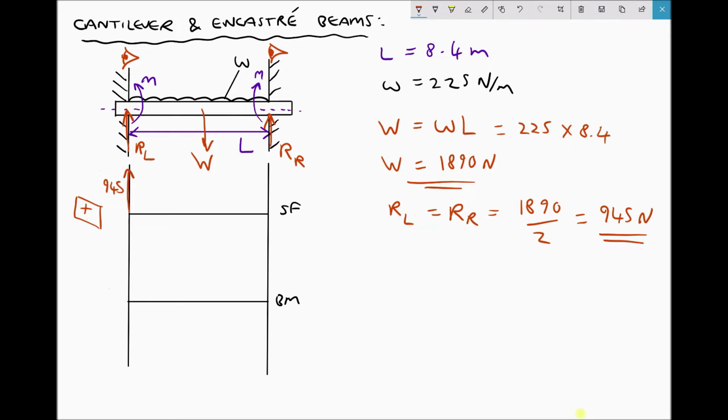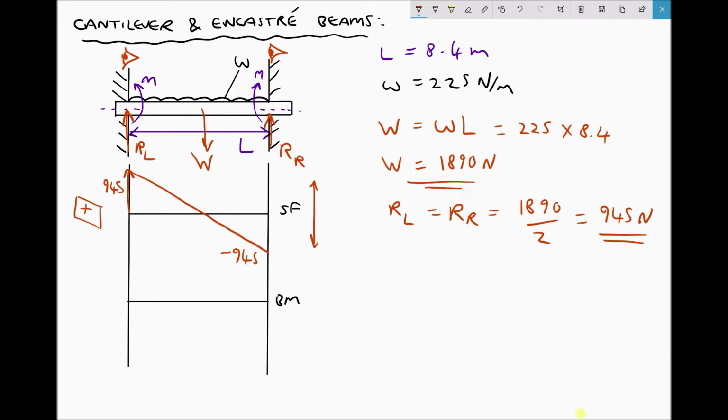Well, we've already said that that's 1890 newtons. So between the supports, we're coming down at an angle, by a total distance here of 1890. Well, 945 minus 1890 is minus 945.